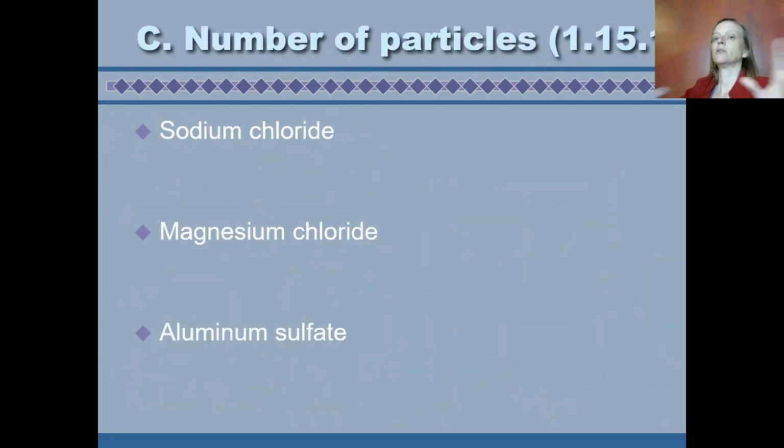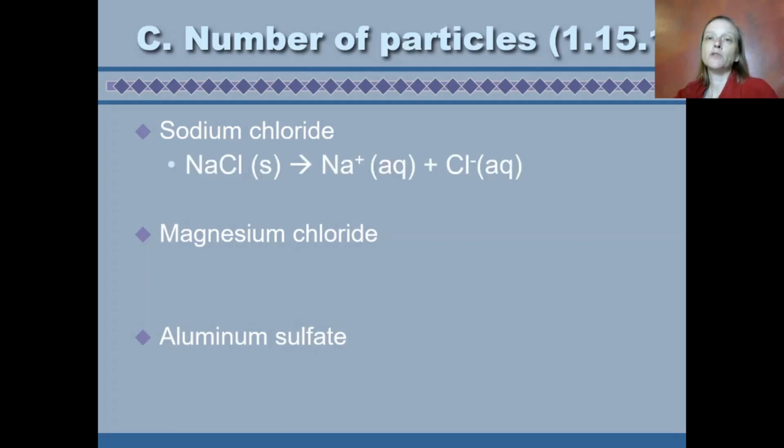So let's look at a few ionic compounds as an example. Sodium chloride. The formula for sodium chloride is NaCl. When you take NaCl and dissolve it in water, it splits into its ions, sodium ions and chloride ions. Because there's just one sodium and just one chlorine, for every one formula unit of sodium chloride, you just get one sodium ion and one chloride ion.